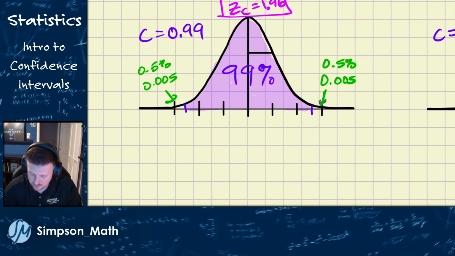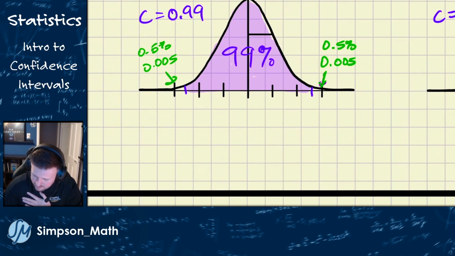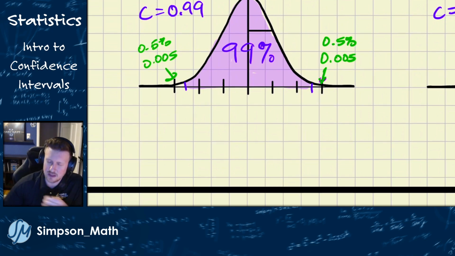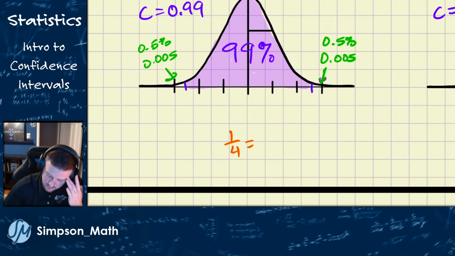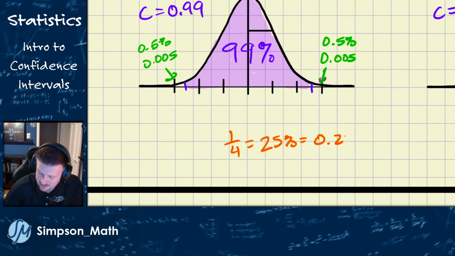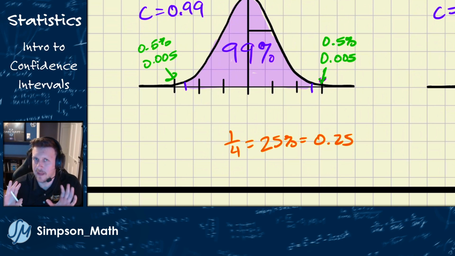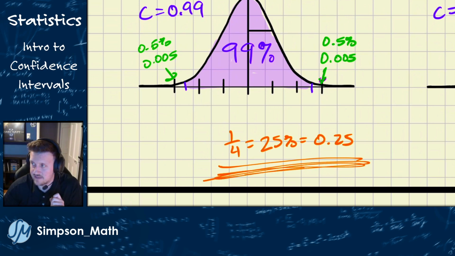I don't know if I've said this in a video, but anytime my brain breaks and I'm like, ugh, percents and decimals, I write this down: 1/4 equals 25%, which equals 0.25, and it doesn't matter the order. I'm confident that everyone taking this stat class should know this information cold.